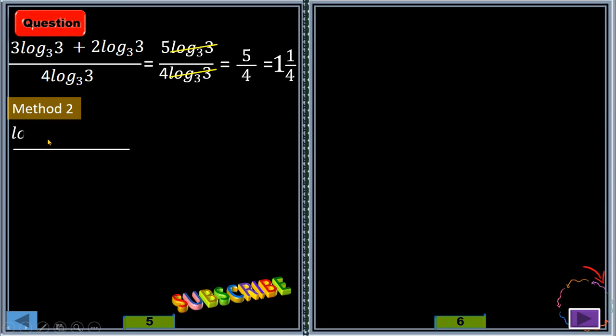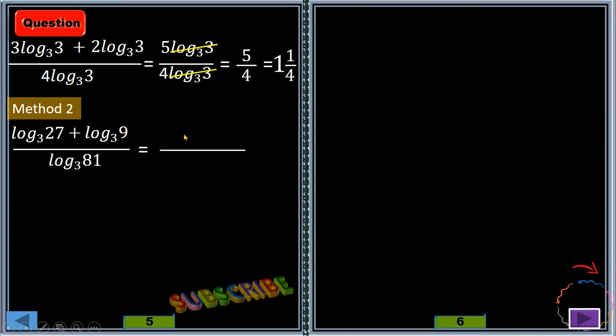We have the number we are to simplify. So now, instead of using the power law, breaking this into 3 raised to power 3, 3 raised to power 2 and 3 raised to power 4, we can simply apply the first law of logarithm here. So according to the first law of logarithm, we can write a common log for this, and that will give us 27 times 9.